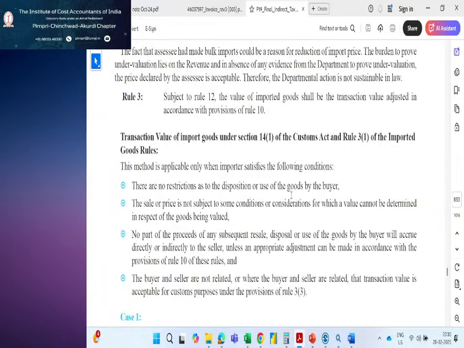So the next one is rule 3. What is defined in rule 3? The value of imported goods shall be the transaction value. What is meant by transaction value? No restrictions as to the disposition or use of the goods by the buyer. The sale or the price not subject to some conditions. No part of the proceeds of resale, disposal or use of the goods.